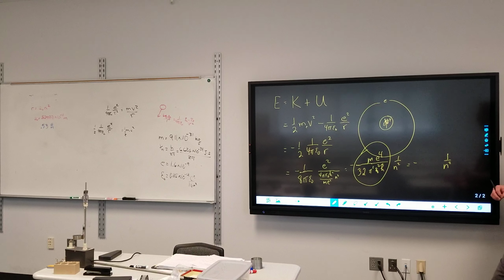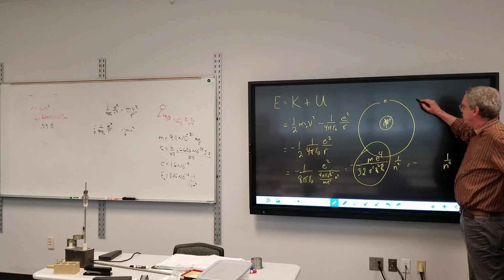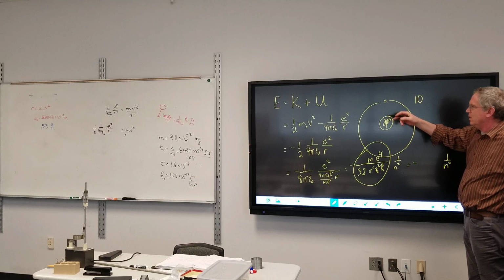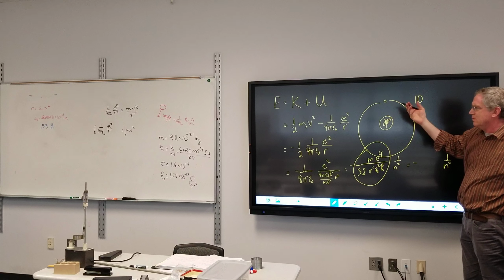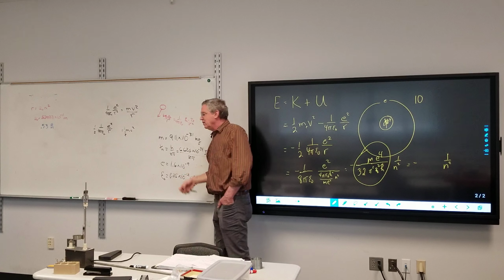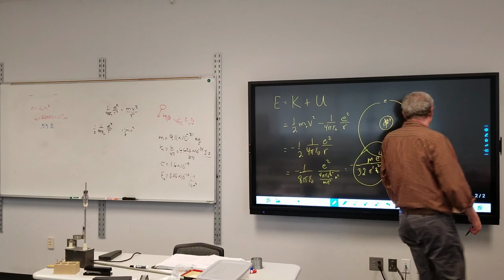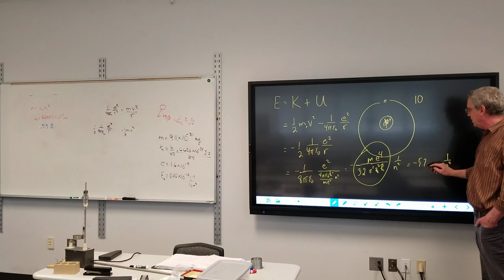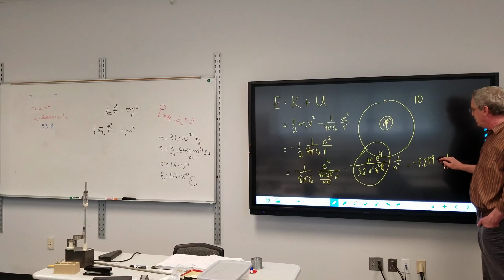Well, let's do that part, let's do them separate then. So, in terms of exponents, I have 10, so just do the number in front. I got negative 5.299 times 10 to the 38.